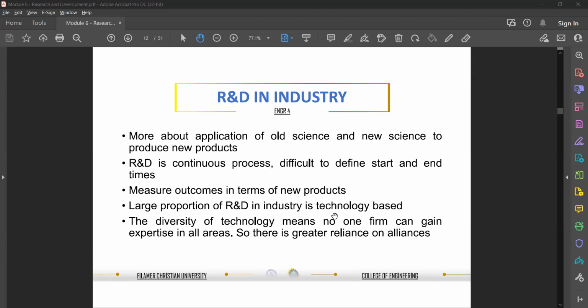Just like the technology in 5G, and we have future technologies like AI. If you apply them to autonomous vehicles, you will be dependent on 5G technology and AI technology. So there is really greater reliance on those alliances.